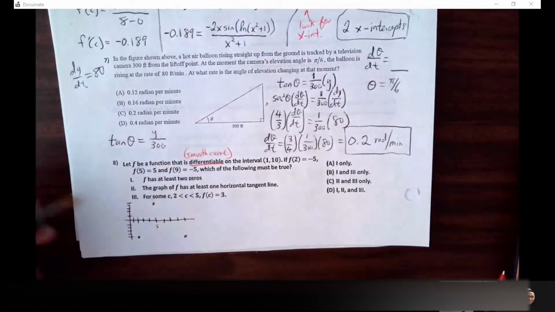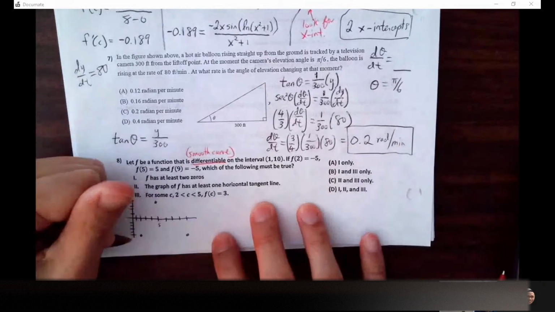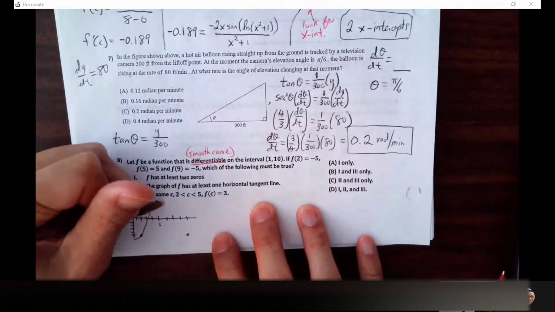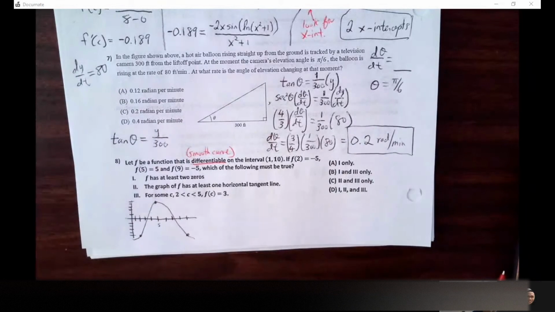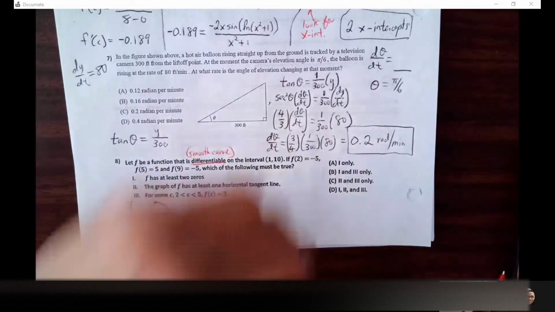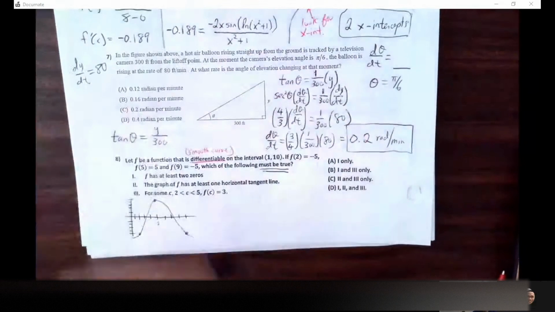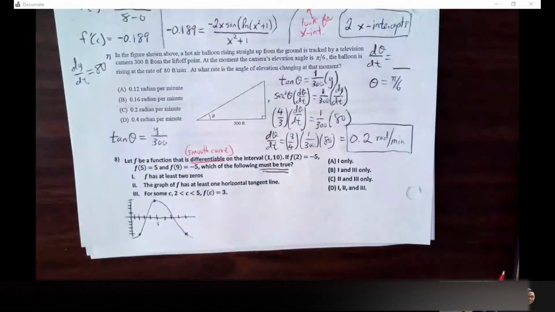We know it's a smooth curve, so I'm just going to create a graph that goes through those points. Which of the following must be true? Okay, so no matter how we draw this graph, it must hold true.